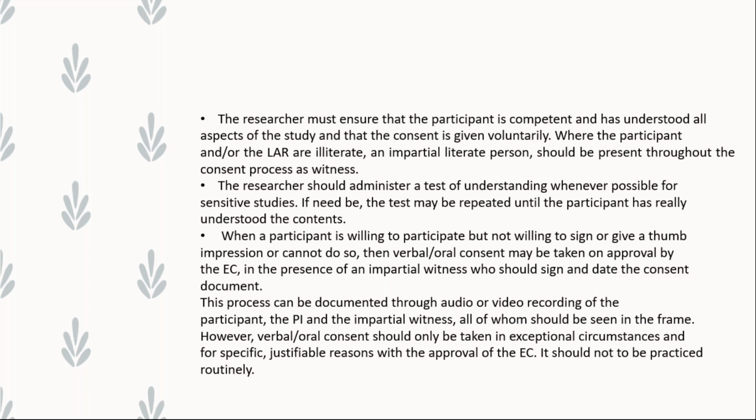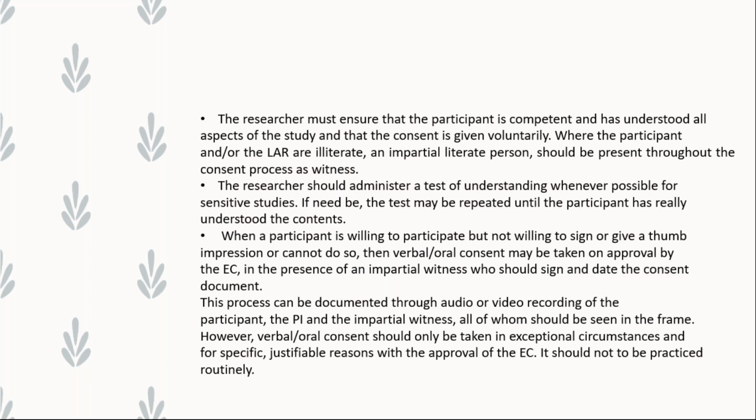Then there are also certain situations where the researcher understands that the participant is illiterate and cannot understand this properly. The researcher should ensure that the participant is competent enough, and if not competent, then he has to explain everything to a legally acceptable representative, LAR, who is competent enough. And if both the legally acceptable representative and the participant are not literate, then an impartial witness should be present.